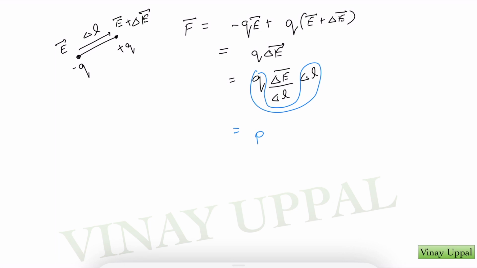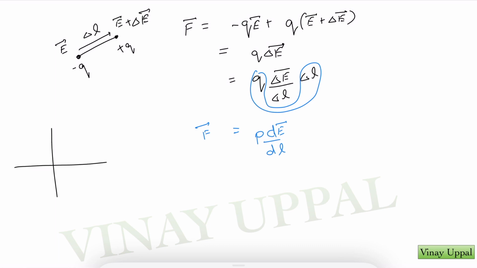Now for a point dipole, delta L is extremely small, infinitesimally small, so that will become dl, and therefore the change in electric field from minus q to plus q will also become dE. So I'll write it as dE vector by dl. So this is my force vector. Remember, dl is the distance from minus q to plus q, and dE vector is the change in electric field as you go from minus q to plus q. Now let's use this expression.